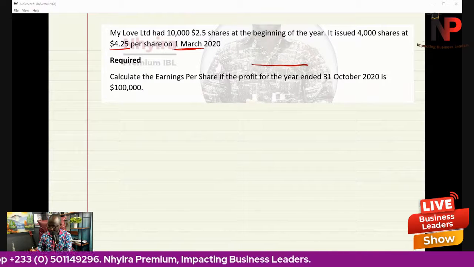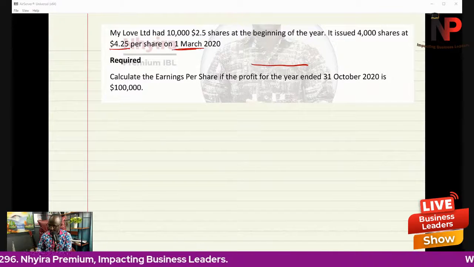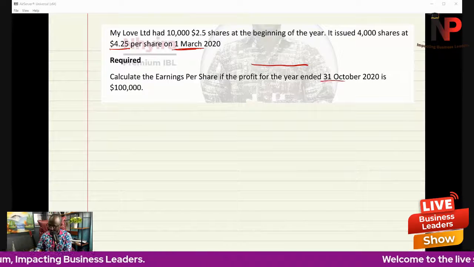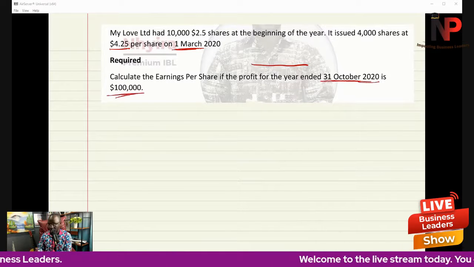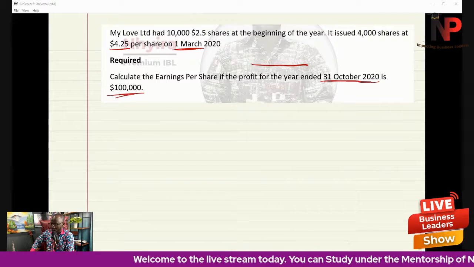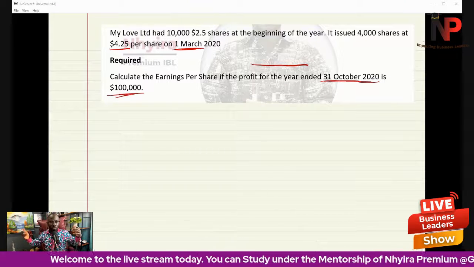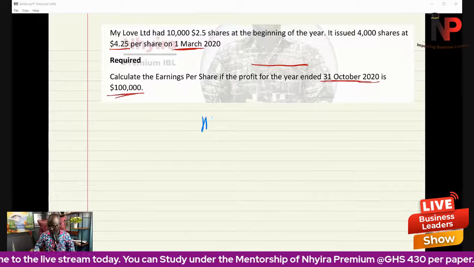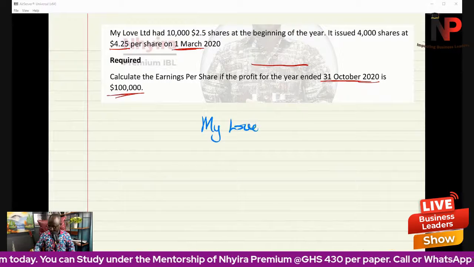Calculate the earnings per share if the profit for the year ended 31st October 2020 is $100,000. So, let's go. My Love Limited.